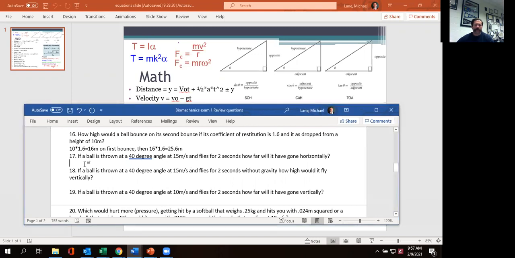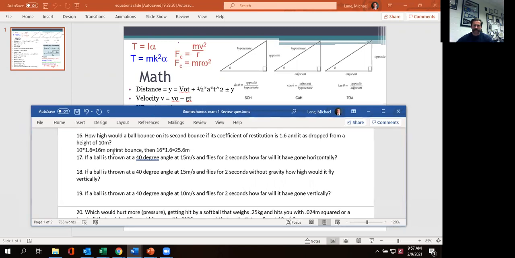All right. If a ball is thrown at a 40-degree angle, at 15 meters per second, flies for 2 seconds, how far will it have gone horizontally? All right, guys, so what is the first thing we need to do? Trig, yes. Which trig function?